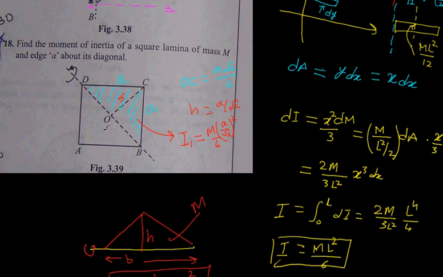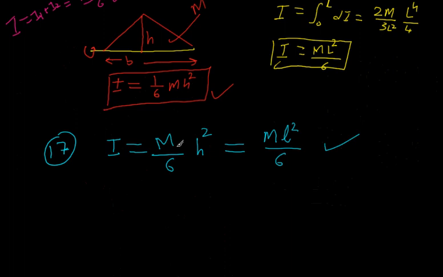You add these two up: I equals I1 plus I2, which gives MA square by 12 plus MA square by 12, that is MA square by 6. That's the answer.